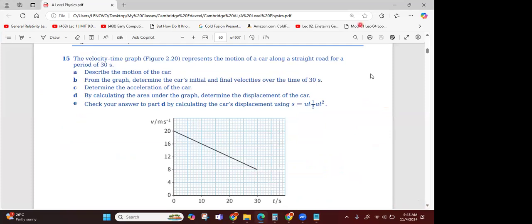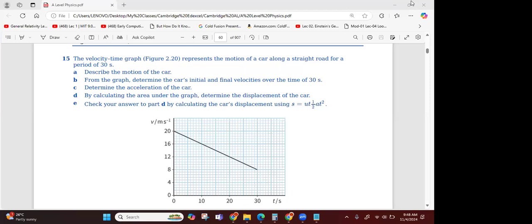Okay, so do this question. The velocity time graph represents the motion of a car along a straight road for a period of 30 seconds.